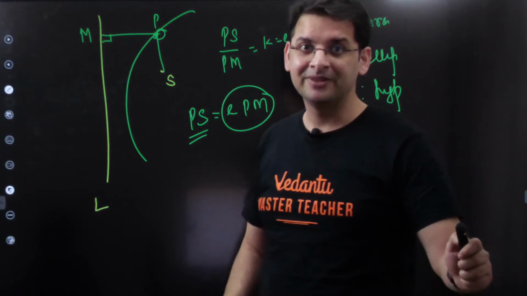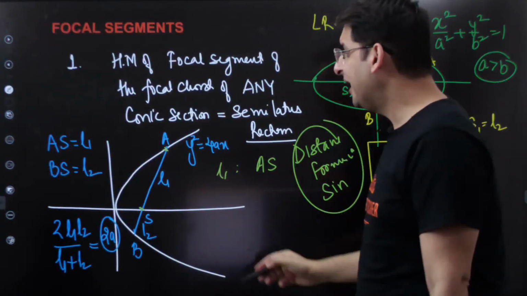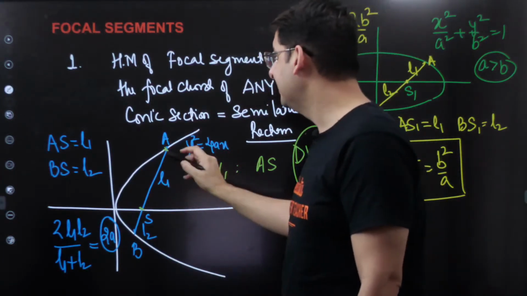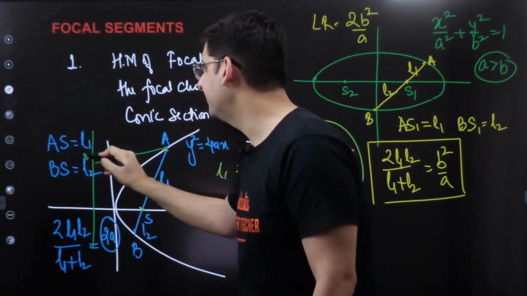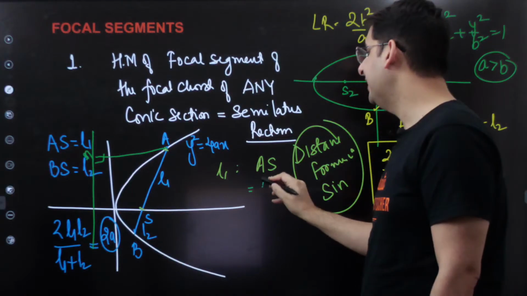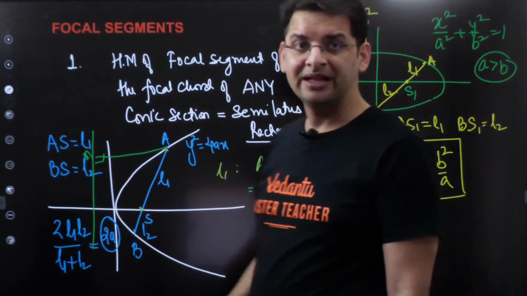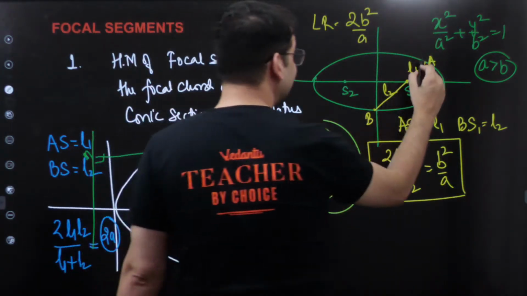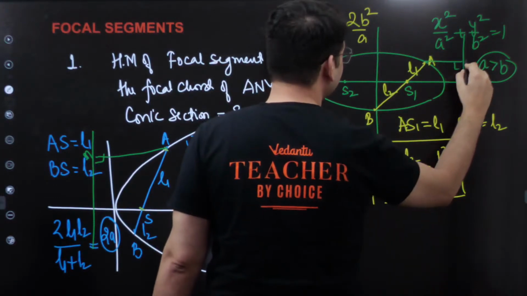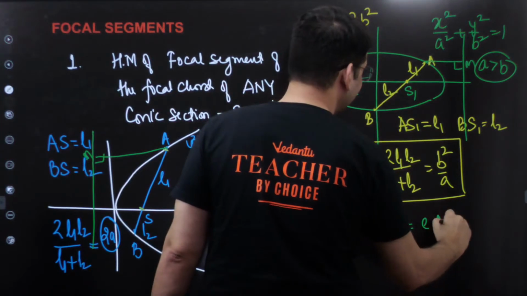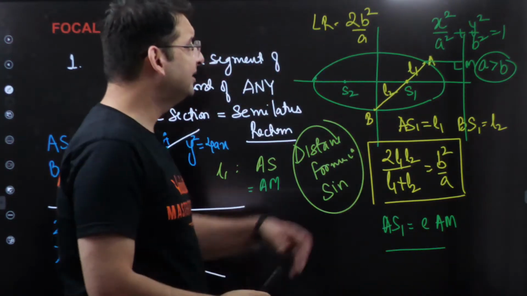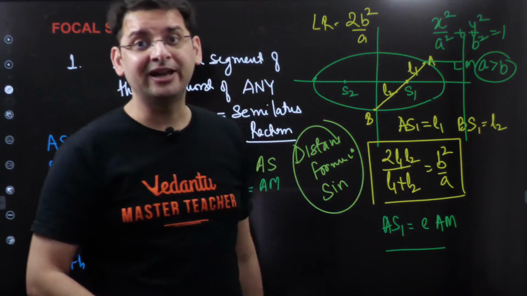That is it. For example, in this case, if I have to find AS, I'll find AM. So AS is going to be e times AM. Likewise, in this case, AS1 is going to be equal to e times the distance of the point from this line.